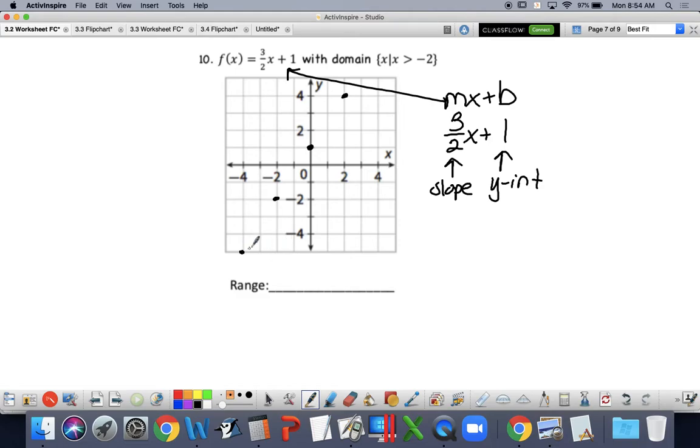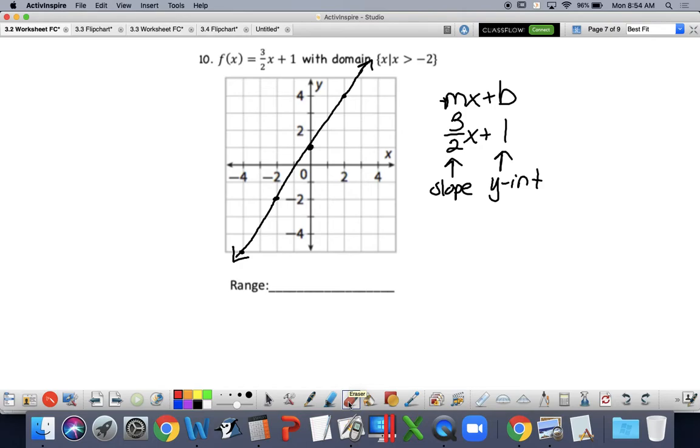Maybe I'll just keep making it. We're going to talk about what happens in a second because yes, we are restricted right here, but we haven't figured out how to do it yet. So I've got my line graphed. This is Unit 1. I would expect everybody in this room can do this, especially now that we've had a refresher how to do it. Now, I want to restrict my domain to only the x values greater than -2. So I pick up my eraser, and I find x equal to -2.